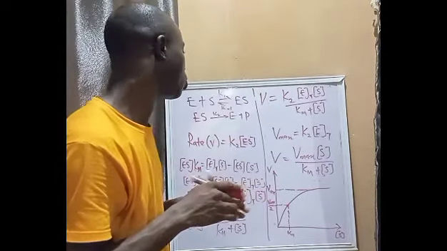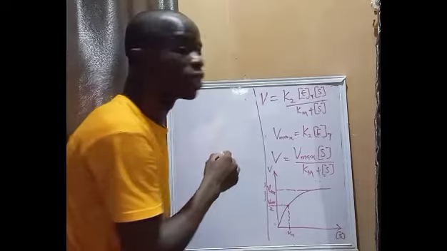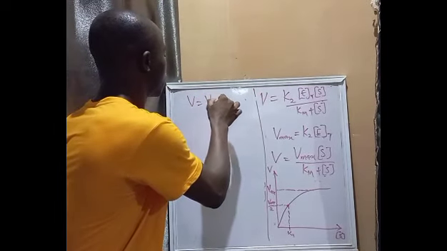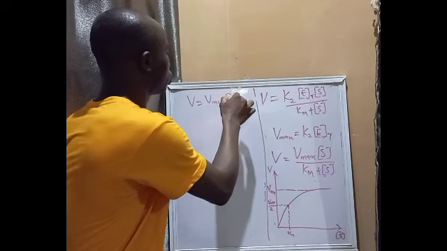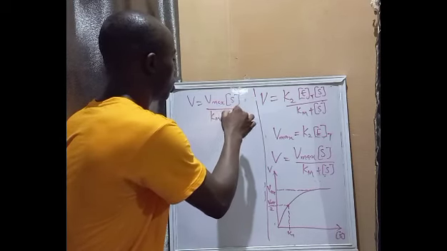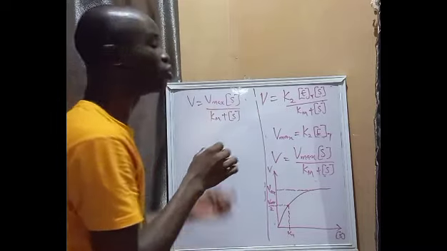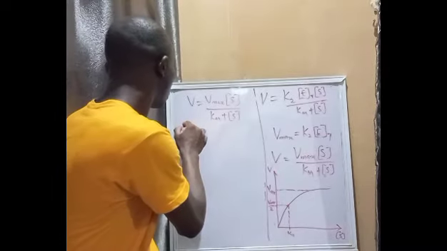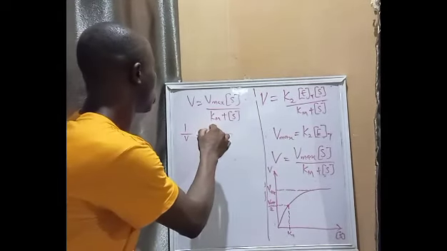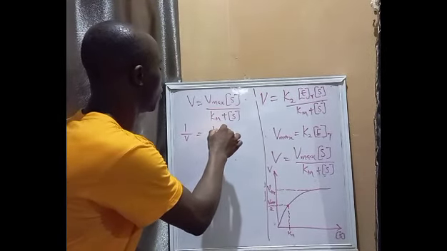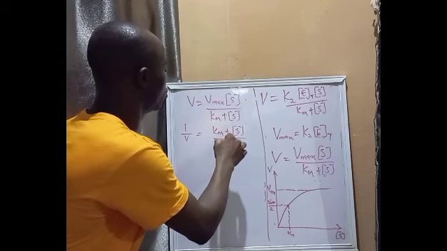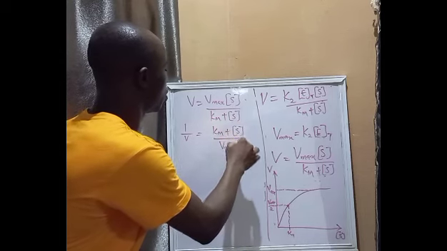Now we have V equals Vmax, and we have substrate concentration over Km plus S. So from here, if you take the reciprocal of both sides, you have 1 over V equals Km plus S all over Vmax, and we have S.